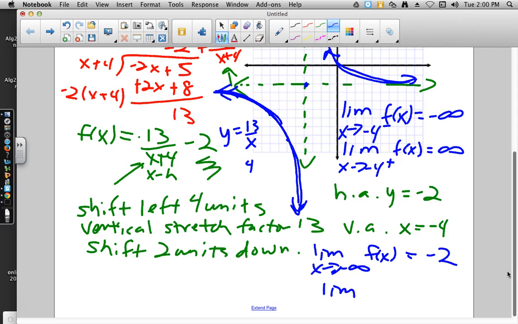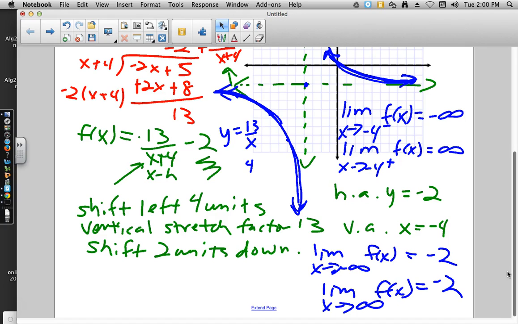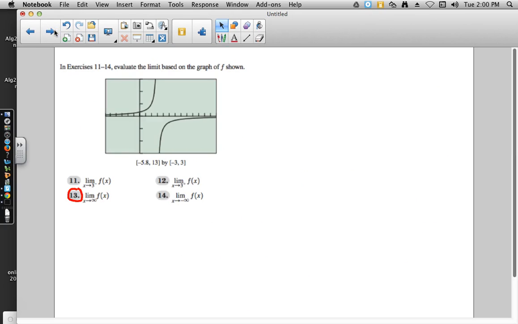And our limit as x approaches positive infinity of f of x equals, well, it's the same thing. This is scooping down as we're going to the right forever, and it is getting closer and closer to y equals -2. So that, I believe, was everything we had to do for those two. There's a lot of steps in graphing and knowing where everything is going to go, but once you get pretty good at it, it goes pretty quickly.